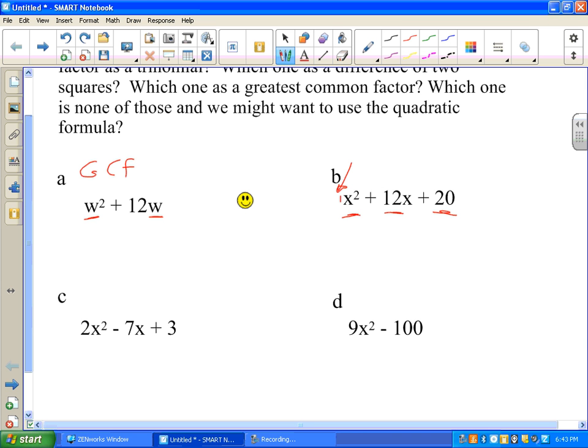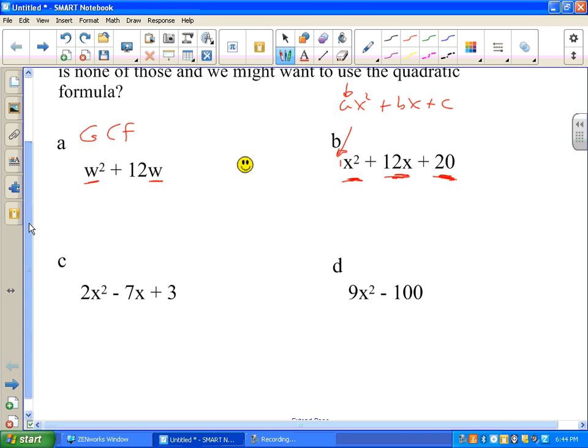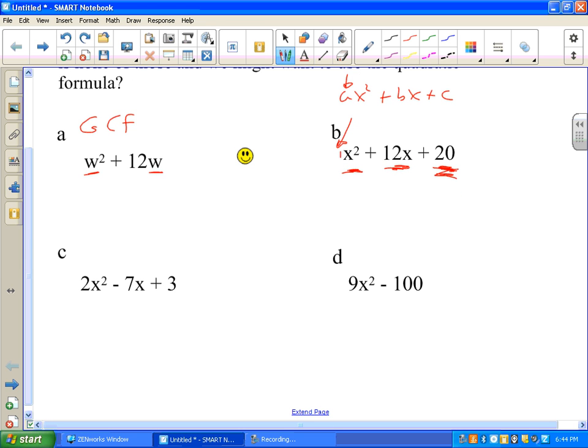It's a 1 is the leading coefficient. The number ax squared plus bx plus c. The a is 1. We can use the trinomial method because there are 3 parts to it. As long as we can think of two numbers that multiply to be 20 and add up to be positive 12. If not, we'll have to use the third method.